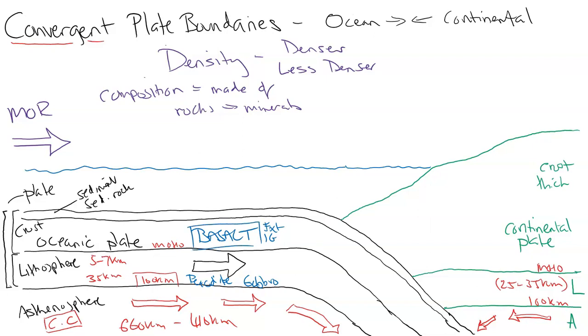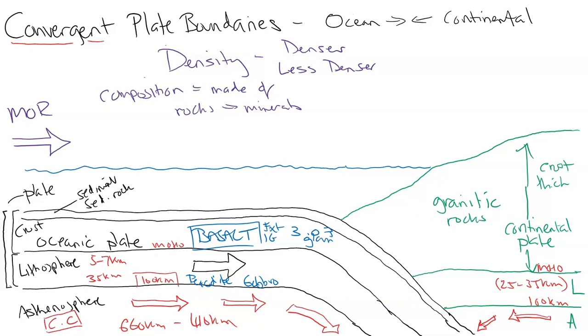Now, basalt is dark and heavy, or dense, so it's going to be around 3.0 grams per cubic centimeter density of basalt, generally. Whereas if we compare it to the continent, even though it's a lot thicker, a lot more mass, a lot more size to it, the continent is made mostly of granitic rocks.